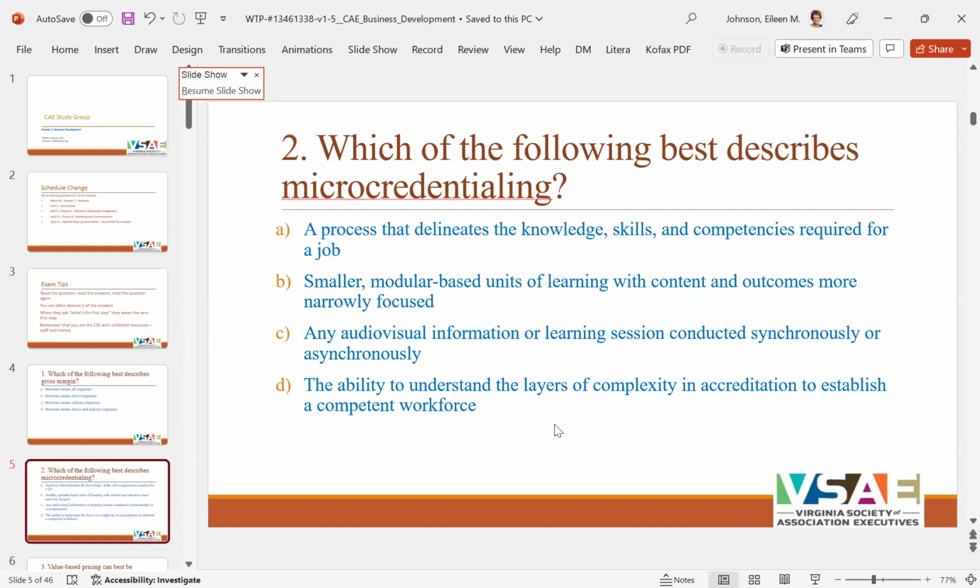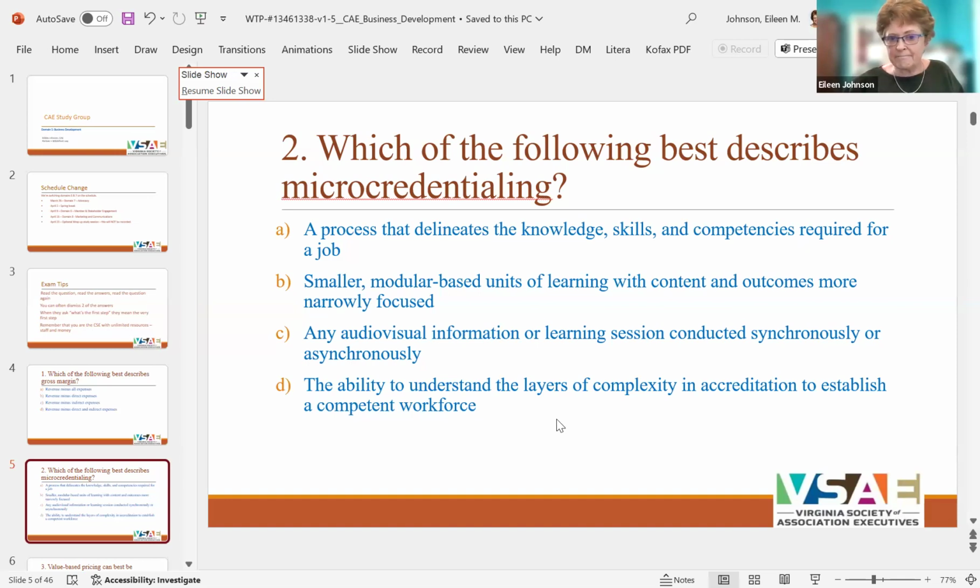The audiovisual doesn't really apply with micro-credentialing. It could be in-person or online-based learning. So yes, my thought would be B.